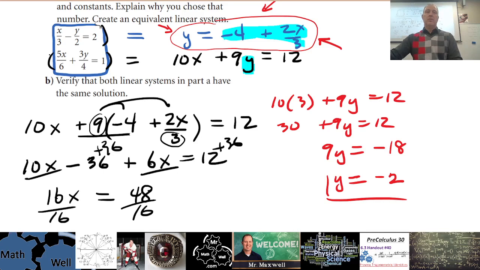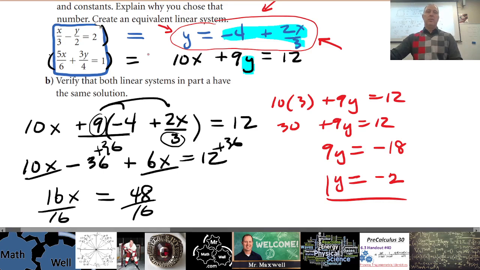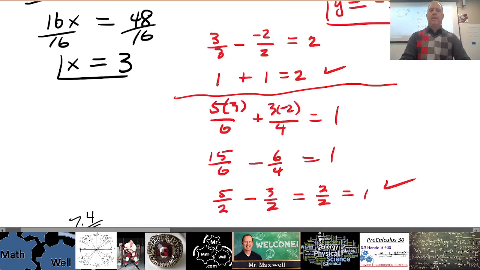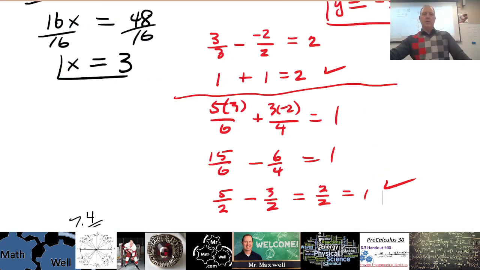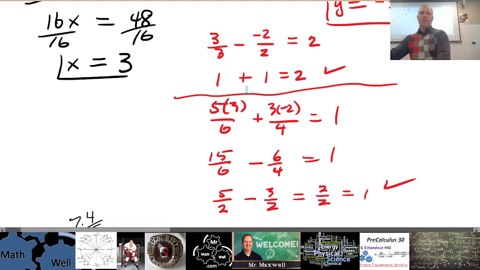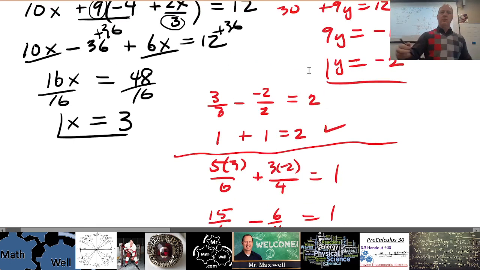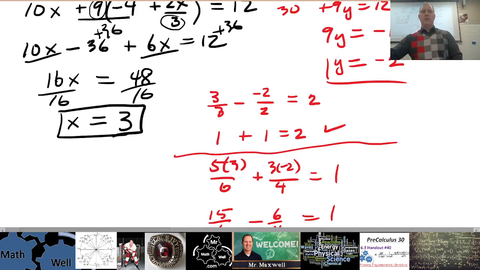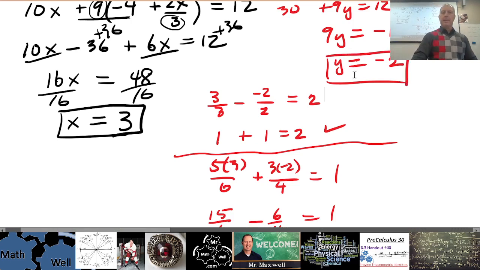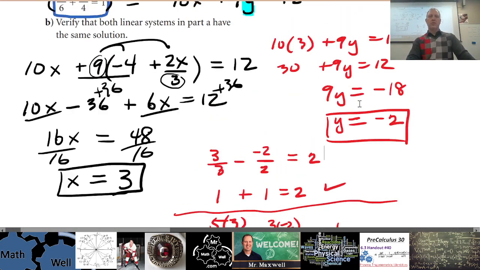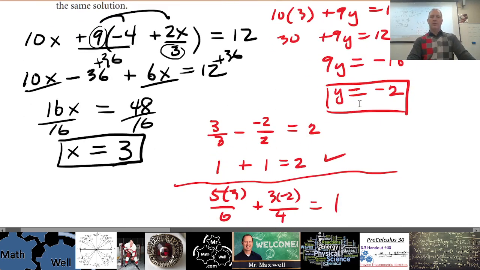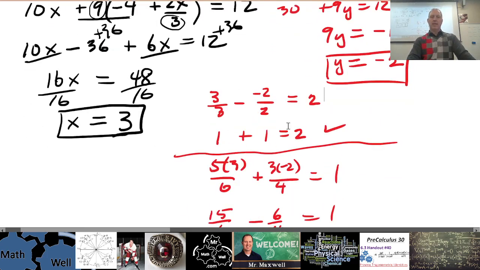So do a quick check. Yeah, then everything seems to work out here. So I've put in the values and checked for both of them. They both check out. So my solutions are x equals 3 and y equals negative 2. Those are the only two things that are circled or highlighted in my answer. Those are the solutions, and here's the verification.